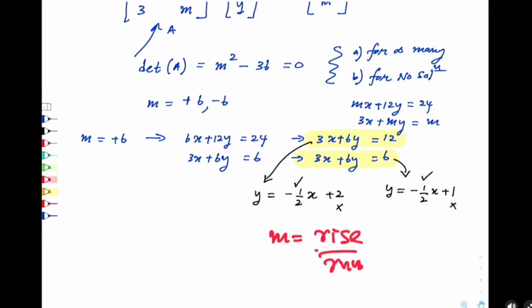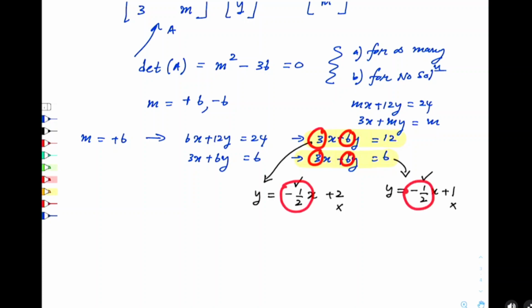Rise would be the y difference, so it would be this one divided by this one. Can you understand what I'm saying? This one divided by this one. See, they are the same, so that will tell you that your gradients are the same. So you have to be smart there. Use your grade 8 knowledge, right?